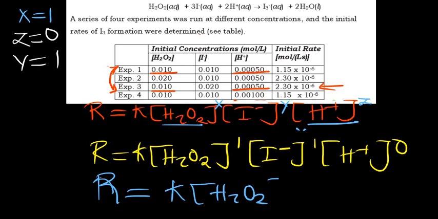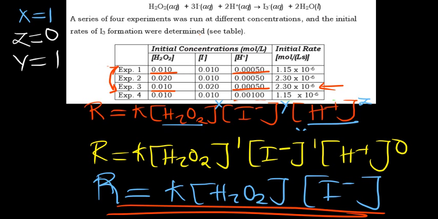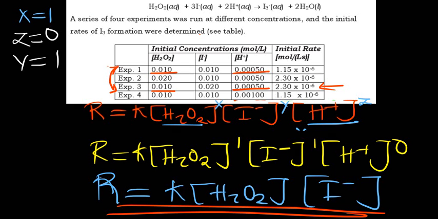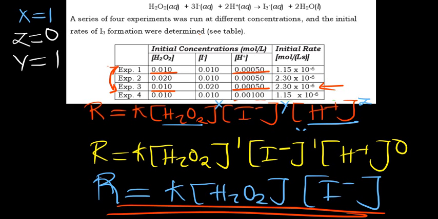No need of you showing the 1. They already understand it's the 1 if you don't show anything. So that's the rate law. So the reaction order with respect to these is 1, 1, 0. We've answered the question.